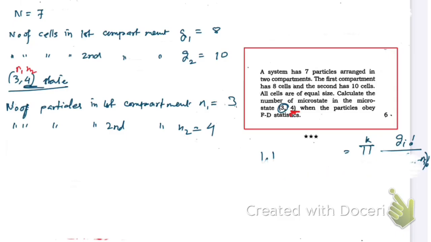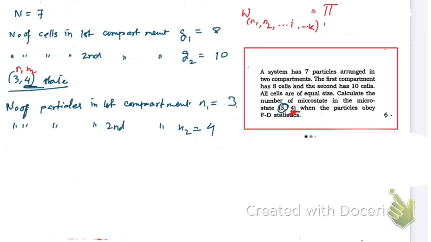So let me write it clearly, just give me a second. W(N1, N2, ..., Nk) represents the product from i equal to 1 to k of these terms, Gi factorial by Ni factorial into (Gi minus Ni) whole factorial.